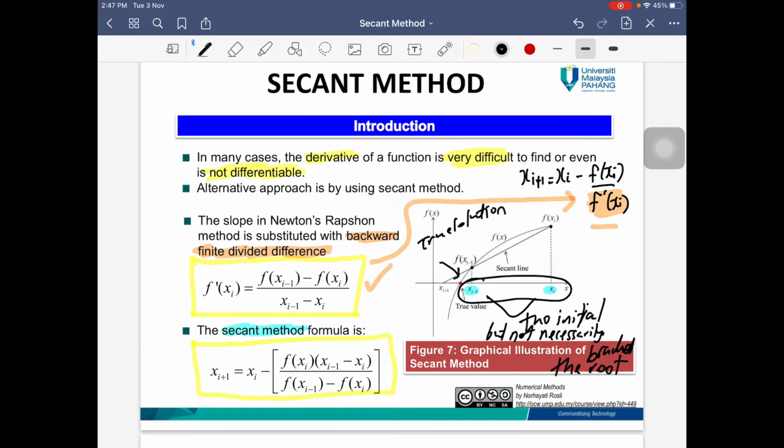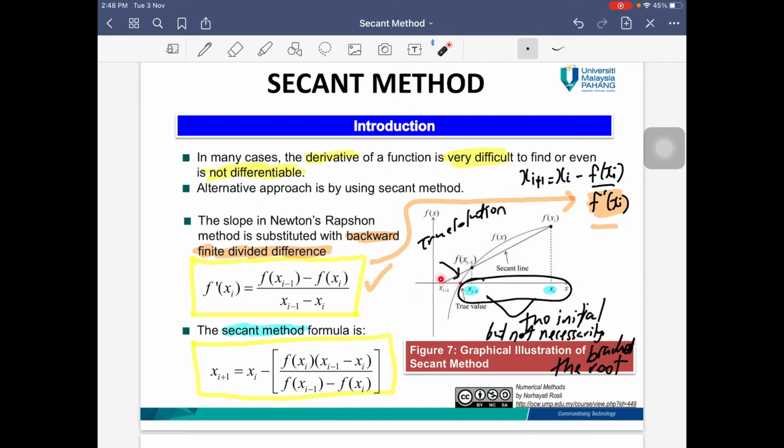Based on these two values, we get the value of f x i at your function here, and then the value of f x i minus 1. Again we find the tangent line, or what we call the secant line, and then we extrapolate this secant line until it touches your x-axis.